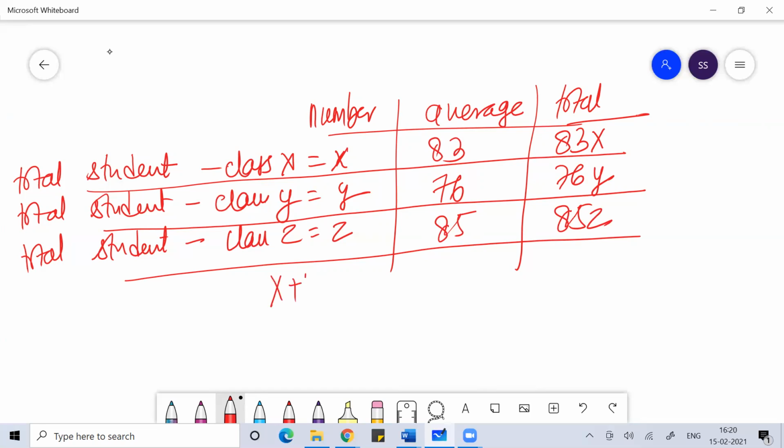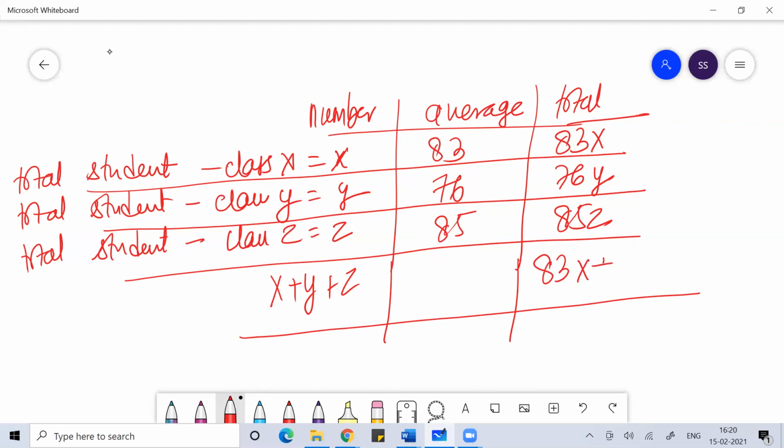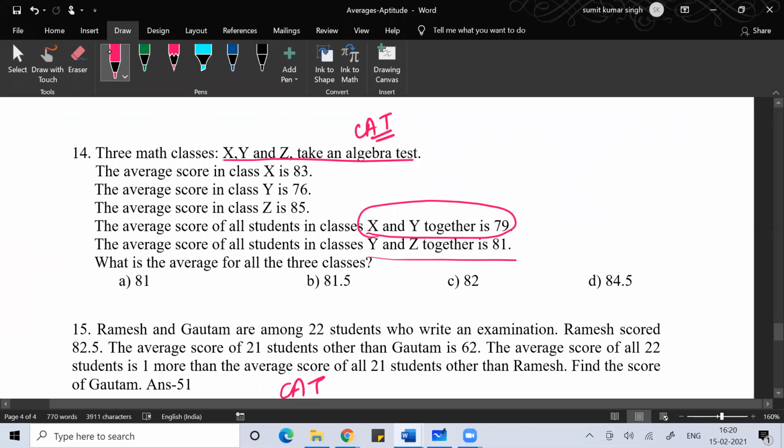The total number of students is x plus y plus z, and the total score is 83x plus 76y plus 85z. It is given that the average score of x and y is 79.